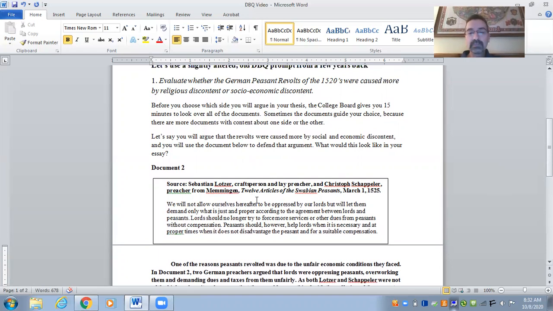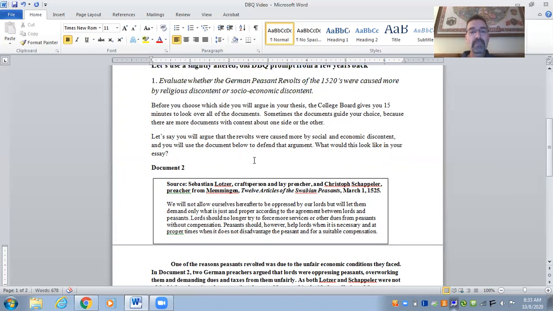And hopefully you will find at least 2 documents that give us examples of religion helping to cause these revolts. So if you can find 2 examples that are more about the social class situations of peasants, 2 examples that focus a little bit more on economics, and 2 examples that talk about religious discontent, you will have used 6 documents.